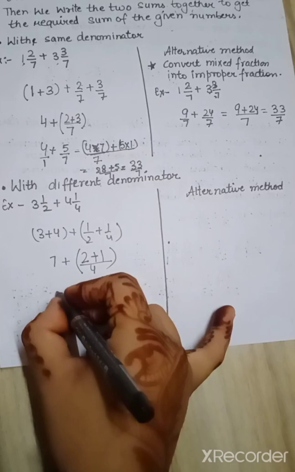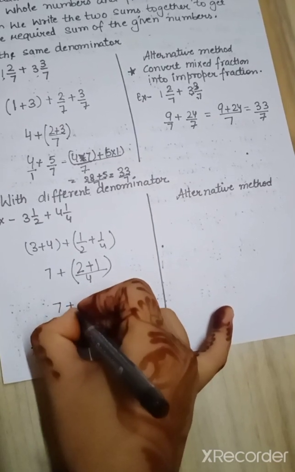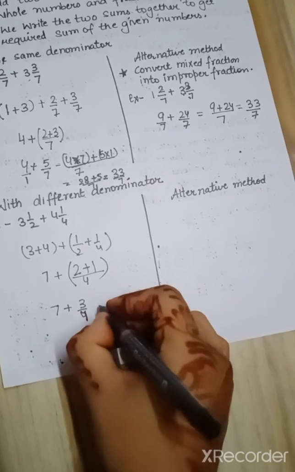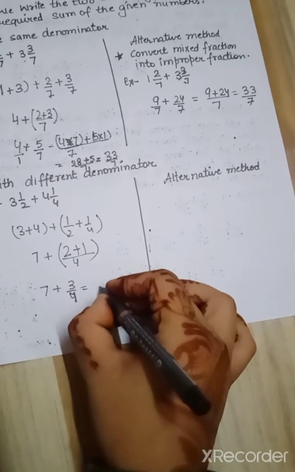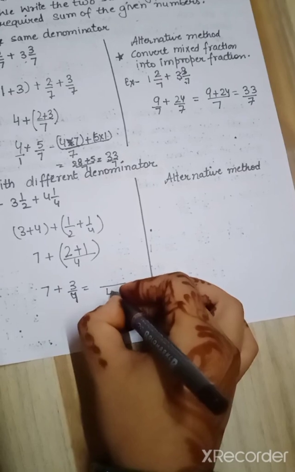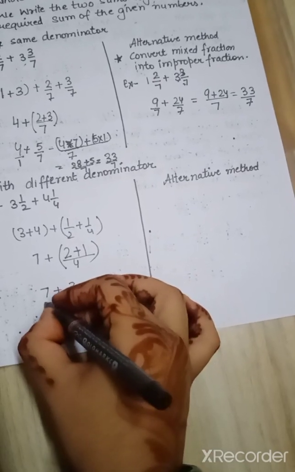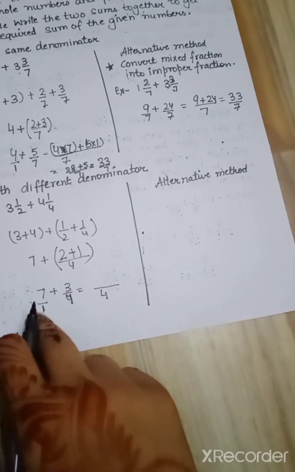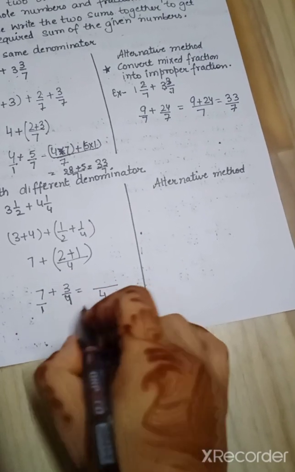Now 7 plus 3 by 4. Now I will again take an LCM. I will write 4 here. If nothing is mentioned, I can assume that 1 is there. So how will I make an equivalent fraction?